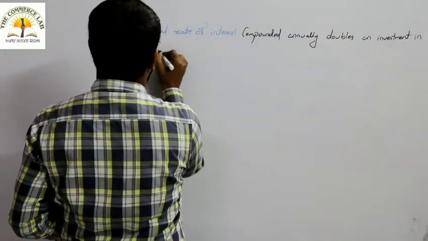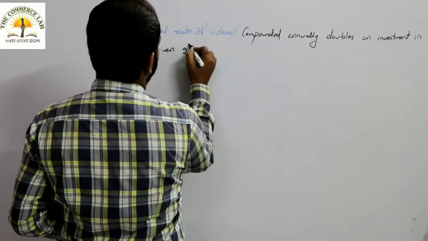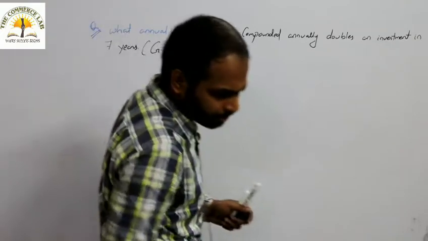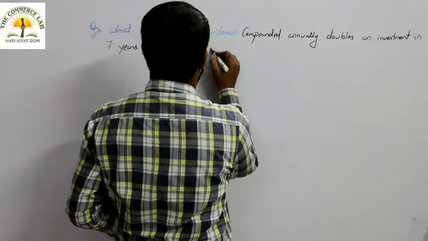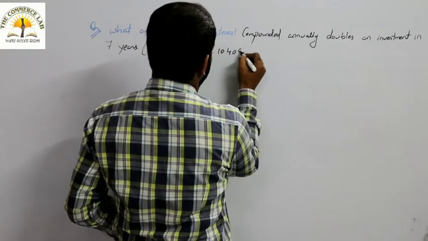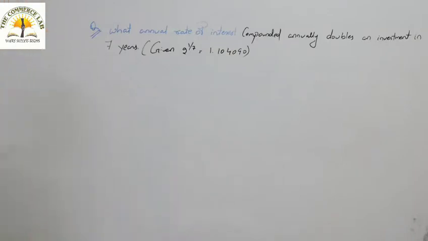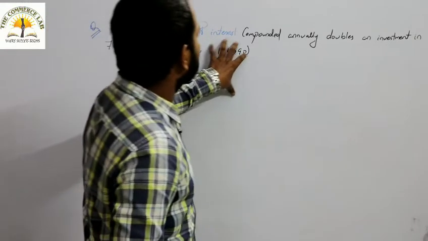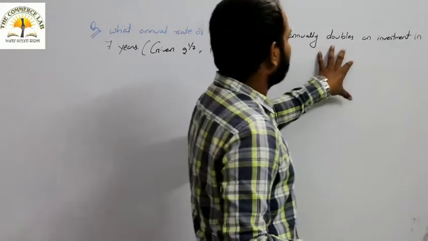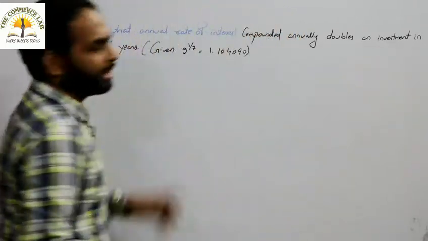Given 2 to the power 1 by 7 is equal to 1.104090. So this is your question. So here it is given. Now what annual rate of interest compounded annually doubles an investment in 7 years?